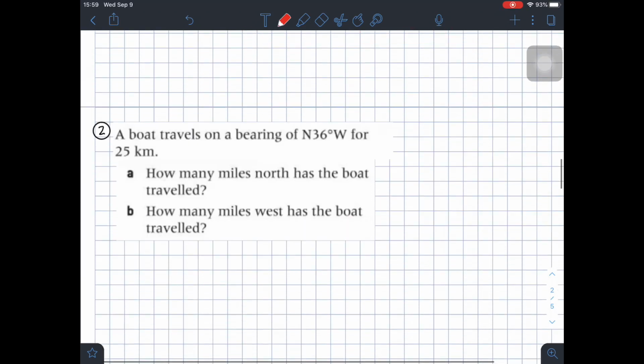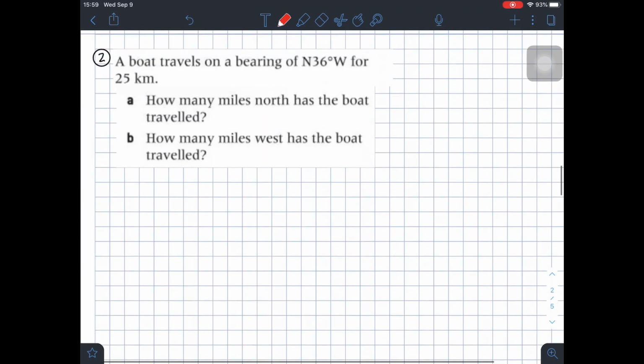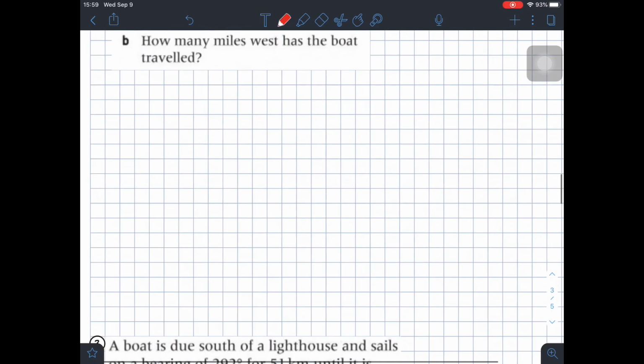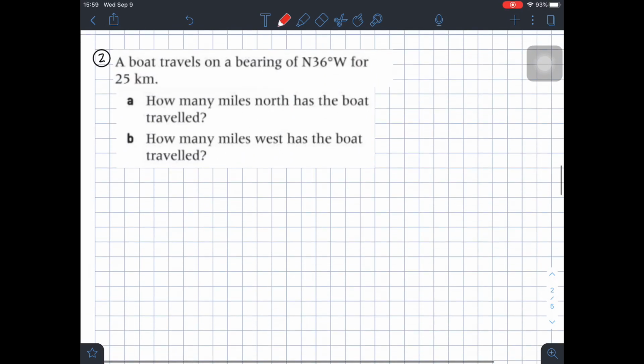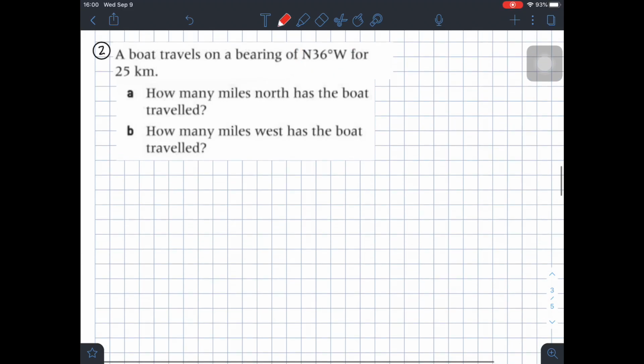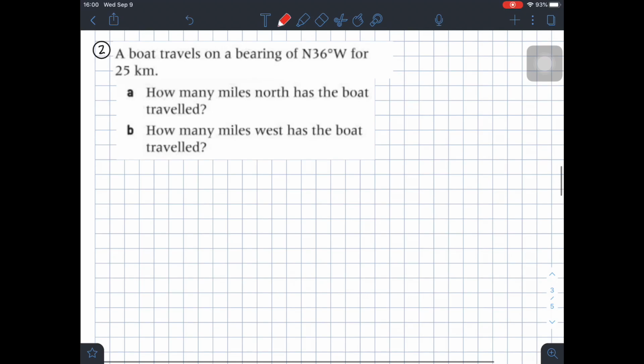Let's do, I think we have two last examples, and then we're done. It says, a boat travels on a bearing of north 36 degrees west for 25 kilometers. So now we're given the angle in this format, okay? So we need to, first of all, do a sketch in order to see what's happening. We're traveling north 36 degrees west.